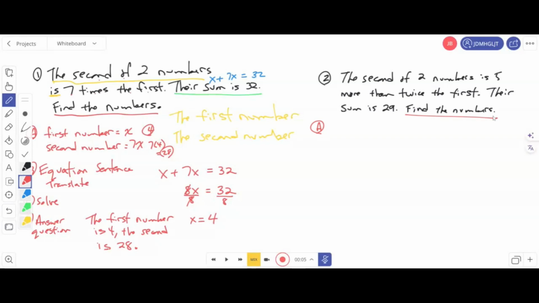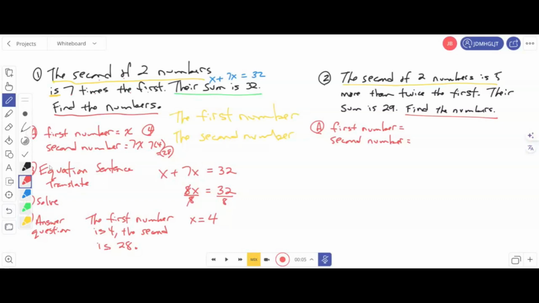So step A is to determine what it is they want us to find. They have named the numbers first and second. First number, second number. We need a sentence that says the first number is, and we need a sentence that says the second number is. Well, they give us one of those, but they don't give us the other. They give us the second number is.